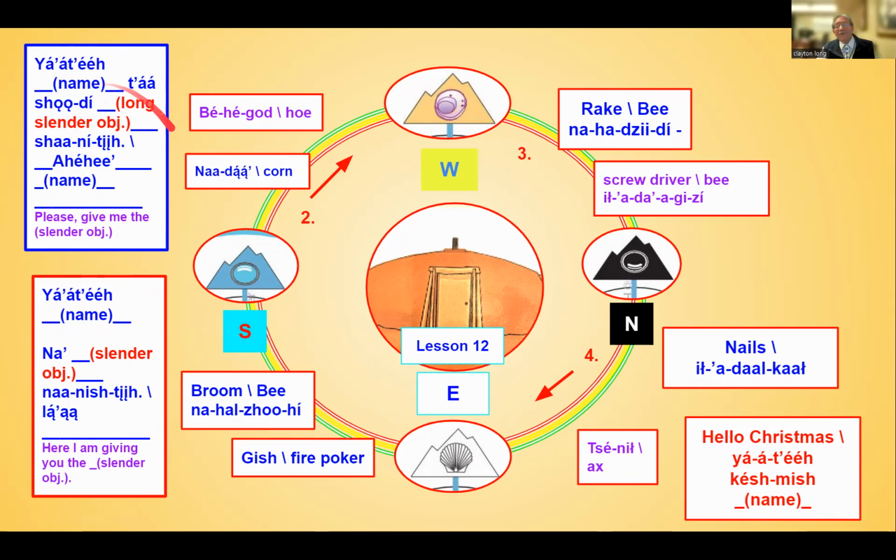And Candace, you Micah P. Say Yate. Oh, use the new word, Yate Kishmish. Yate Kishmish Micah P. Tad Shodeh Senich Shaanítįįh. Oh, cool. You have to A Candace. Wait, which one was it again? Right here.